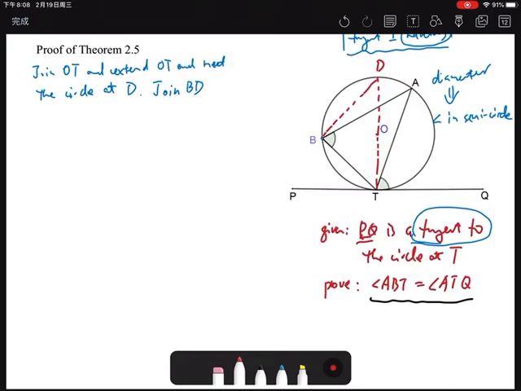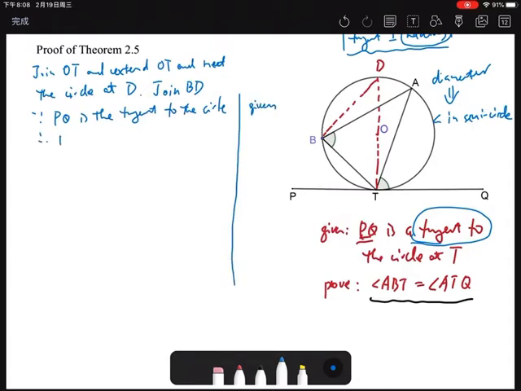OT or DT perpendicular, or maybe I write tangent first. Because PQ is the tangent to the circle, this is a given condition. So DT is perpendicular to PQ.